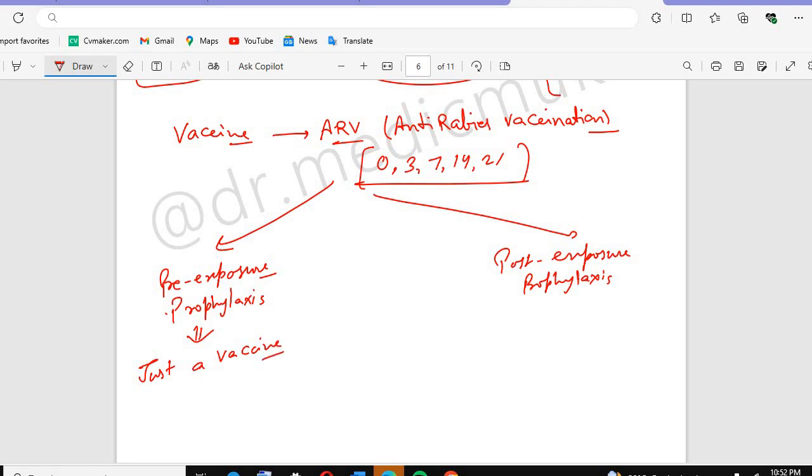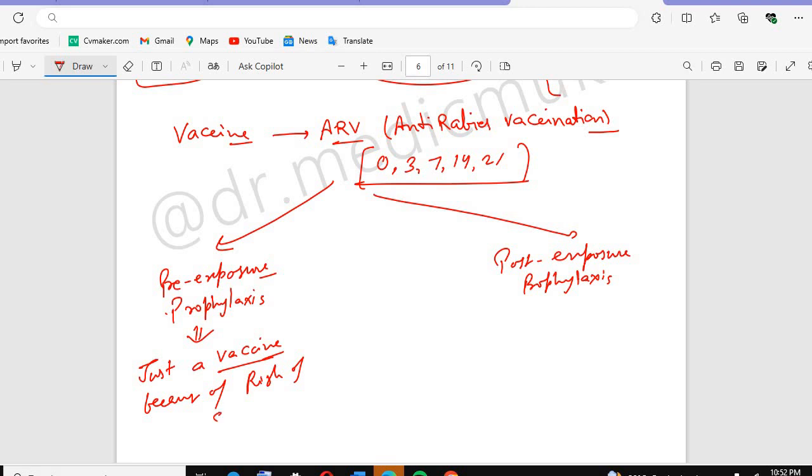If somebody has a dog, it can spread the rabies virus. So in that condition we will give just a vaccine, because of the risk of stray dogs.